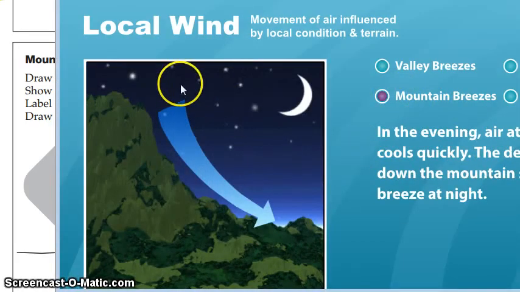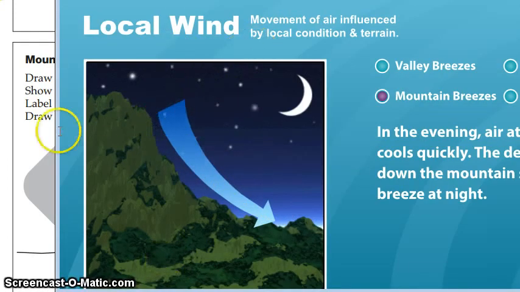Again, our high pressure area up in the mountains, and then the cooler, denser air would start to sink down into the valley where there's going to be lower pressure. So again, wind moving from high pressure to low pressure at night, sinking down from the mountain into the valley.